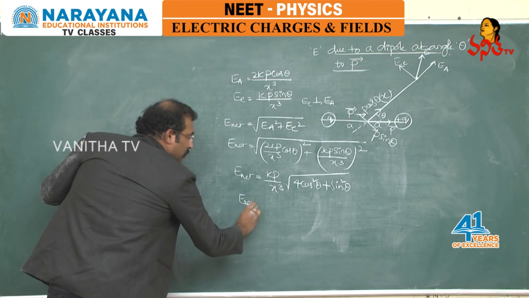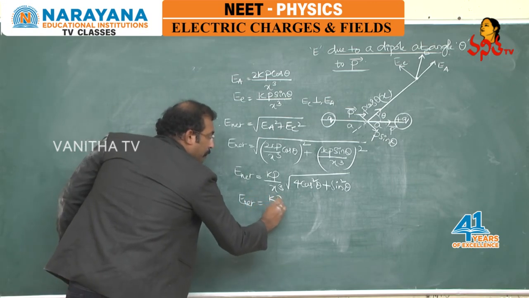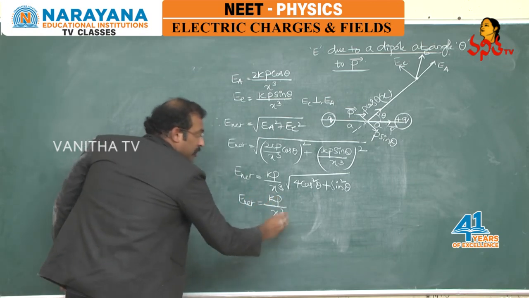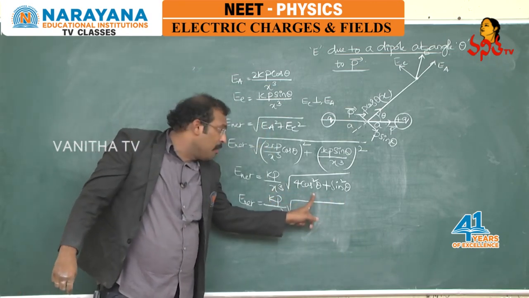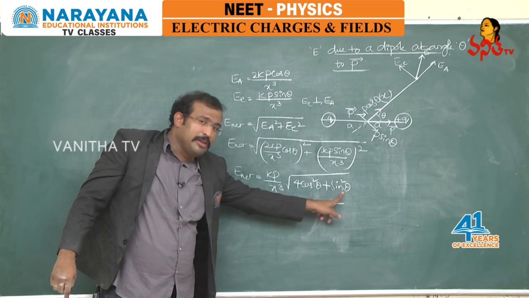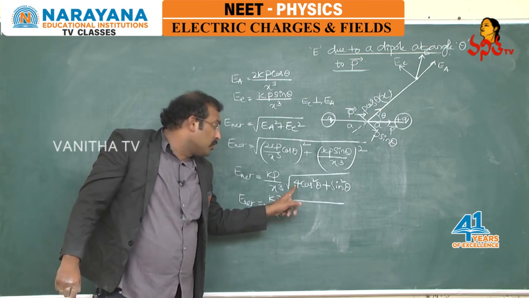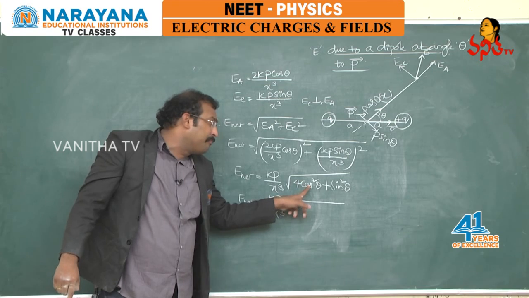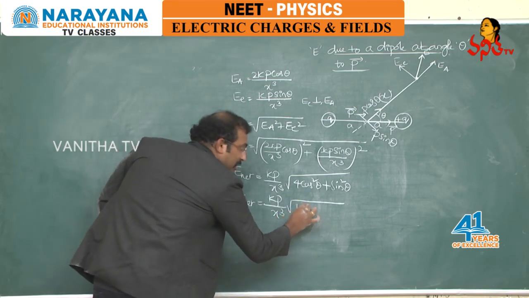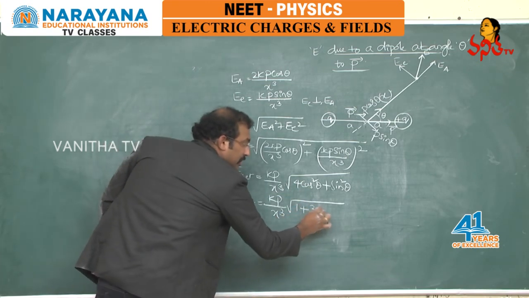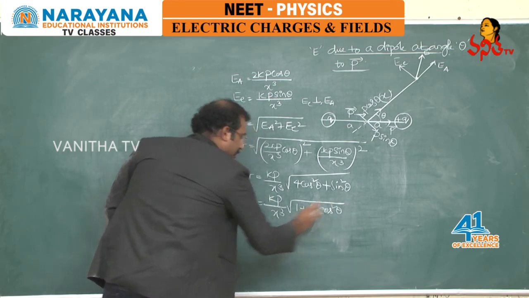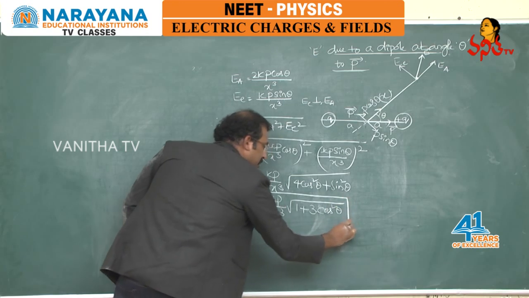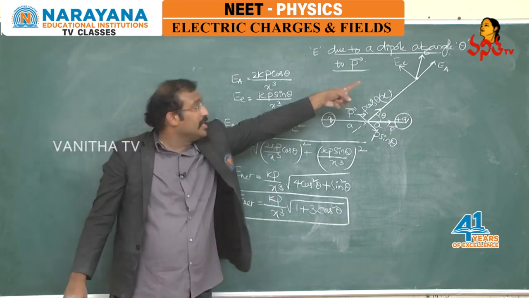Therefore E net is equal to kp by x cubed into the root of 4 cos squared theta plus sin squared theta. Cos squared theta plus sin squared theta becomes 1, so the balance is 3 cos squared theta. So I will write it as root of 1 plus 3 cos squared theta. So this is the electric field here.